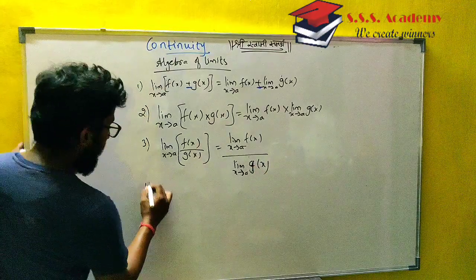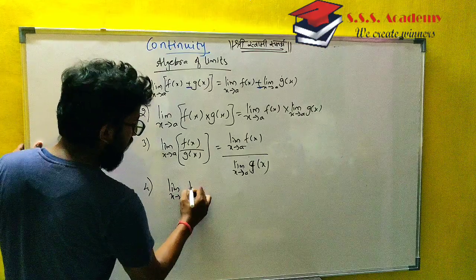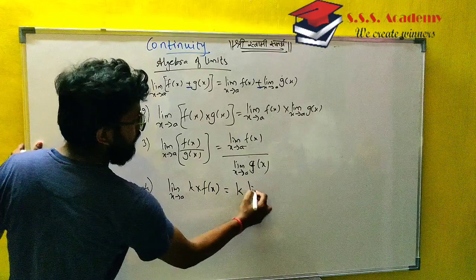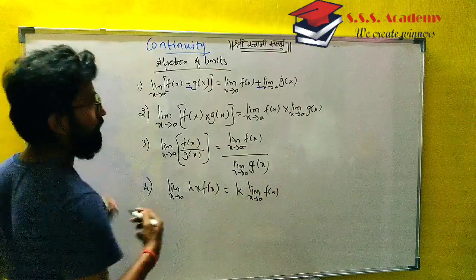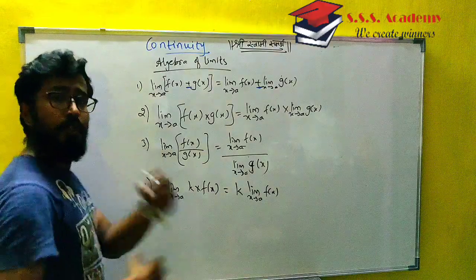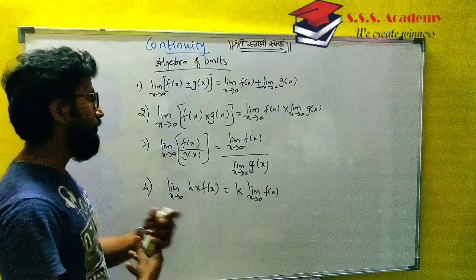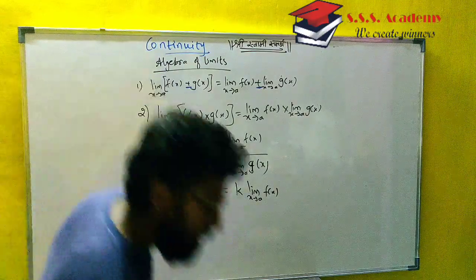And if the limit is applied to a constant multiplied by a function, the constant will come before the limit and the limit will apply to the function, and then as per the rules and formulas we evaluate limits. So pause the video and quickly note it down.